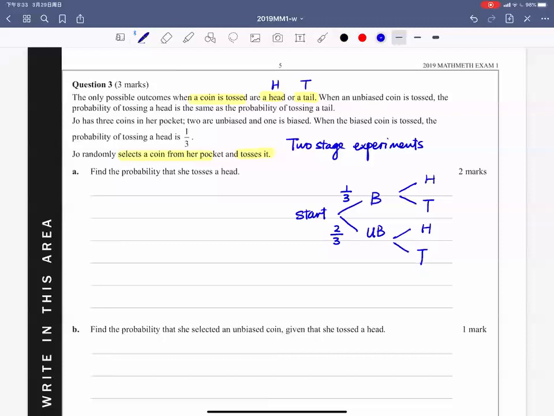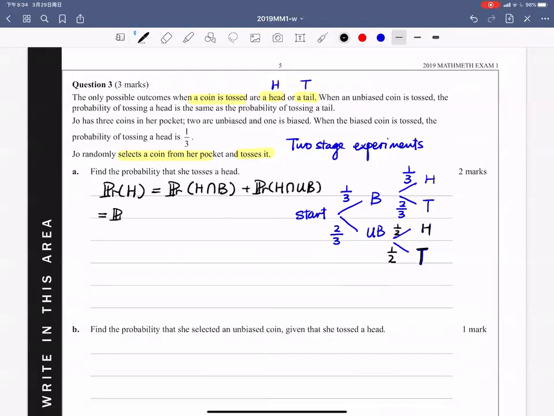If I have a biased coin, then the probability of getting a head is 1/3. Then getting tail is 2/3. On the other hand, I have unbiased coin and head and tail, so this is half and another possibility is half again. For Jo to toss a head, it means a head from a biased coin plus a head from unbiased coin.